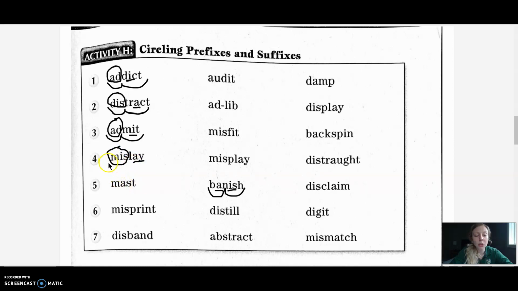The prefix is always the first word part. Mislay. Go ahead, pause the video, circle your prefixes, underline your vowels and vowel combinations, and then we will break the words up together.